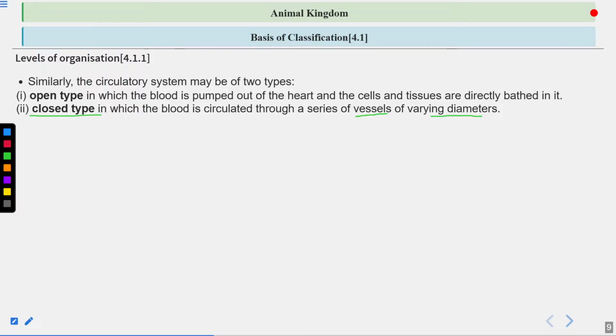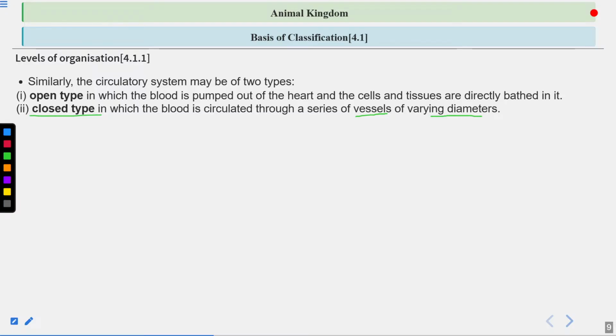So I hope you know the meaning of open type: the blood is poured directly all over the cells and tissue.